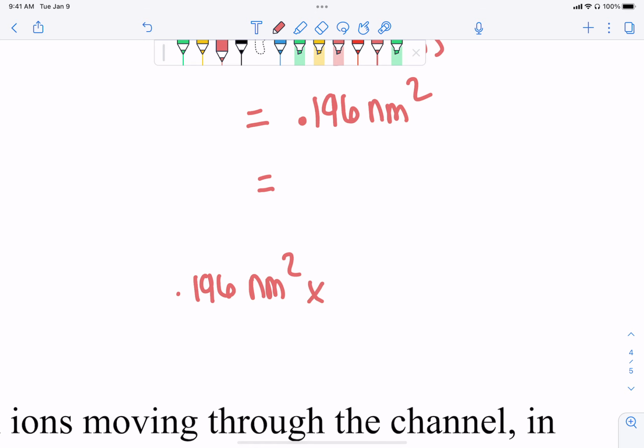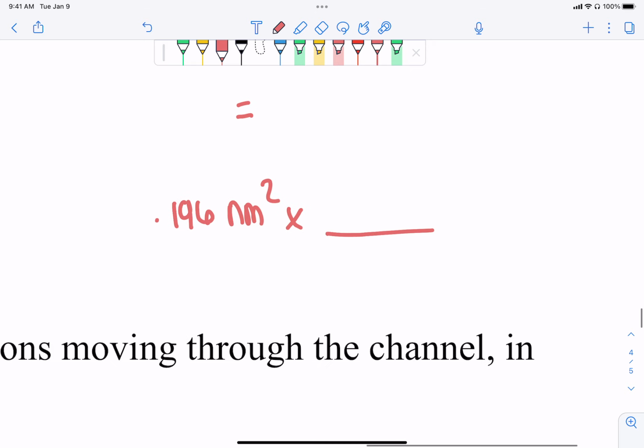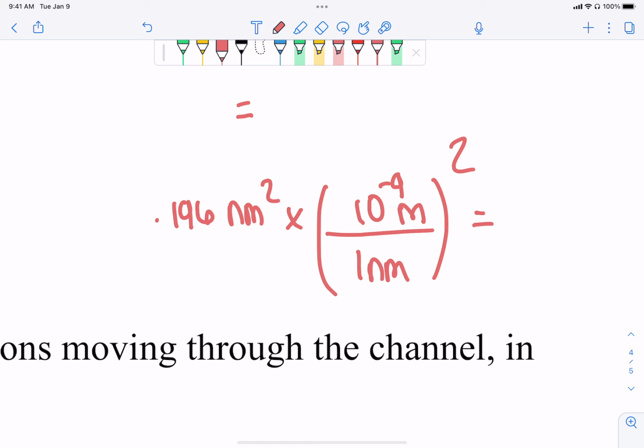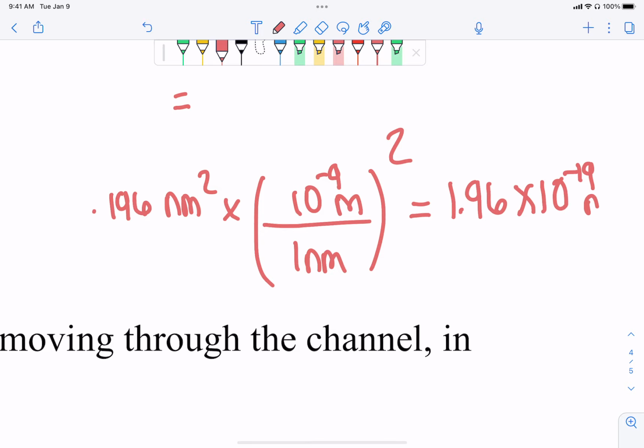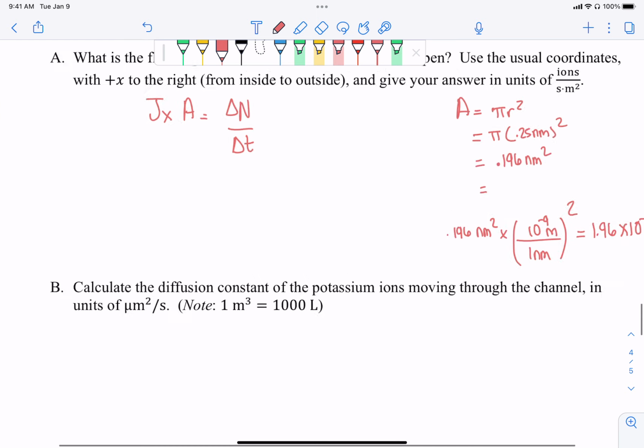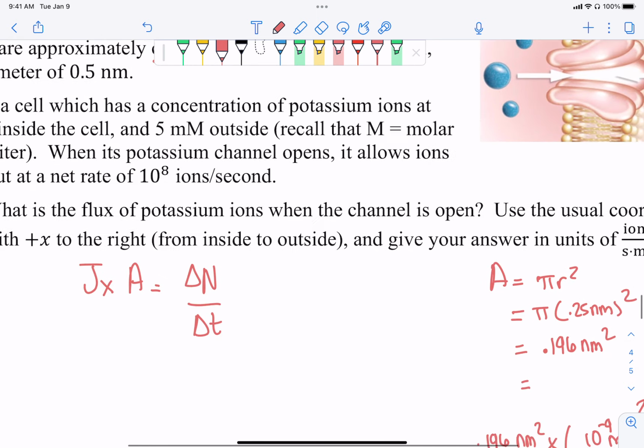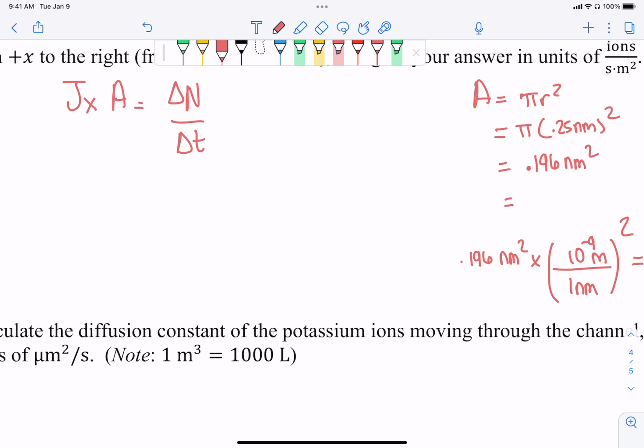I know that in 1 nanometer, there's 10 to the negative 9 meters, and I square the whole thing because it's nanometers squared to meters squared. That should give me 1.96 times 10 to the negative 19 meters squared, I believe. And so that'll be my area.